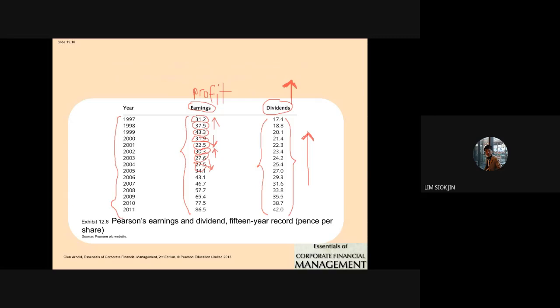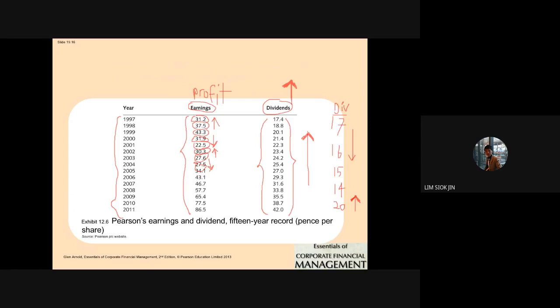Compared to, let's say the company gives 17 dividend, then 16, then 15, then 14, then 20. Right? It's going down and then it goes up again. So what kind of dividend is this?